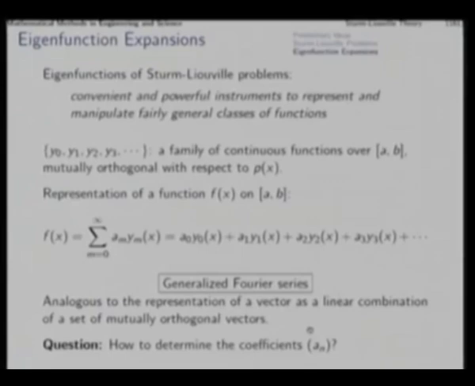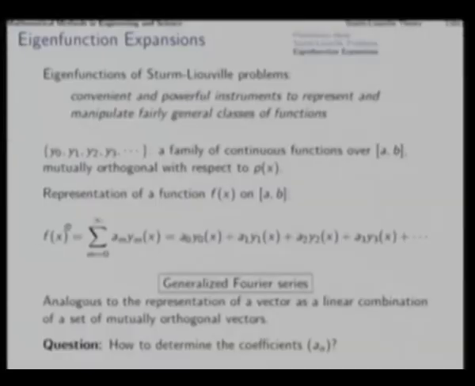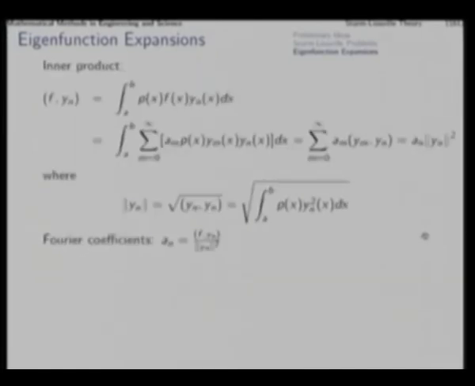Now, how to determine the coefficients? To determine the coefficient an, we can do a similar thing as we could do in the case of ordinary vector spaces, and that is we take the inner product of f with the nth function, for which we are seeking the coefficient. In the case of functions, the inner product is given like this, which we have studied earlier in the context of function space.